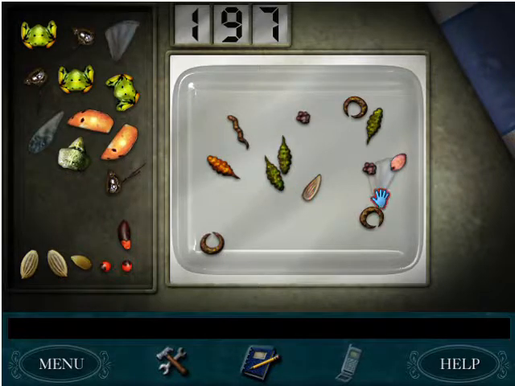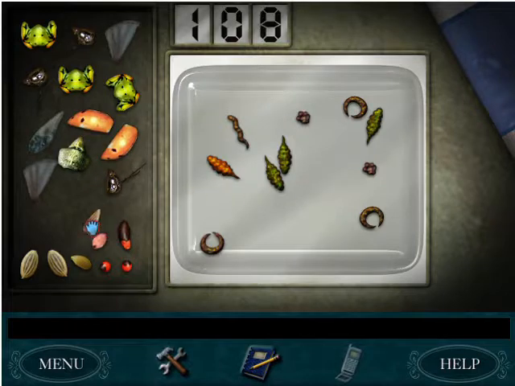More insect parts. That's a wing. Those are all seeds. Okay, what do we got here? So it weighs 108. We have 8 seeds, 12 insect parts, 10 frass.